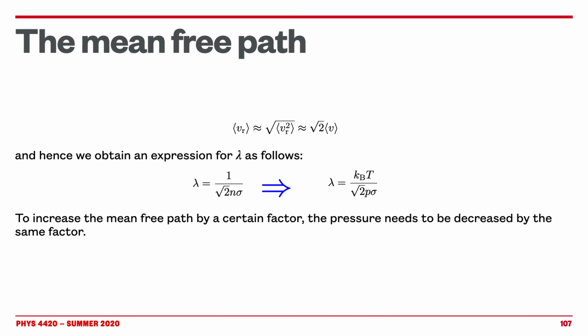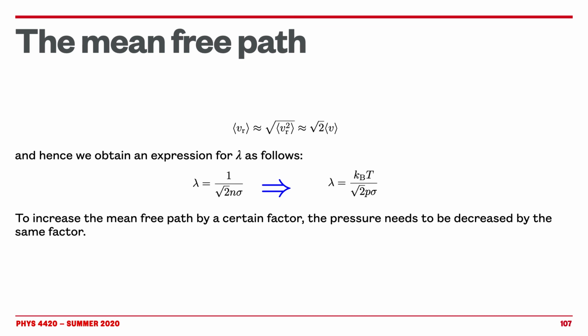Another way to look at this is to keep in mind the idea of the cylinder I showed you, which has a base sigma and a length v delta t. If sigma increases, the length of the cylinder, if you will, can get smaller for a given volume. That's the reason why we have this here.